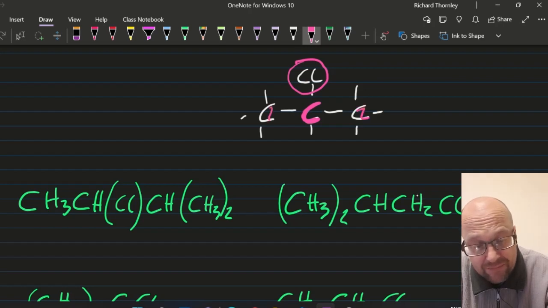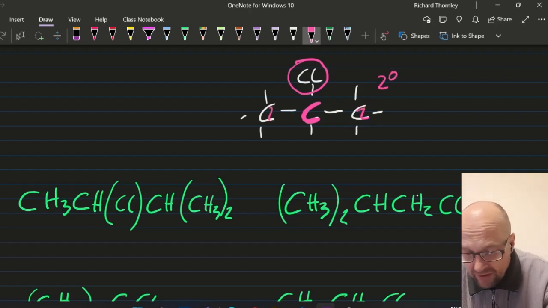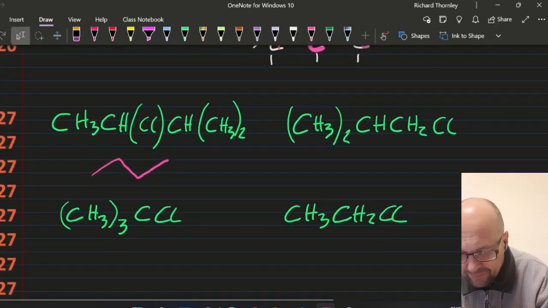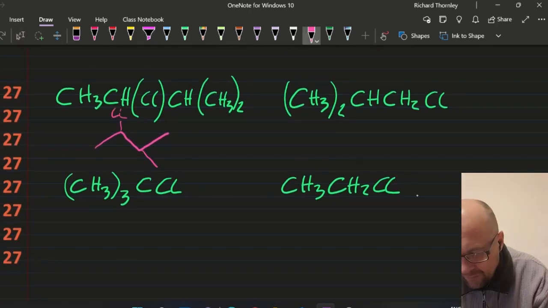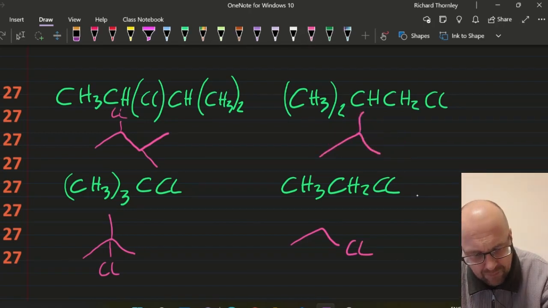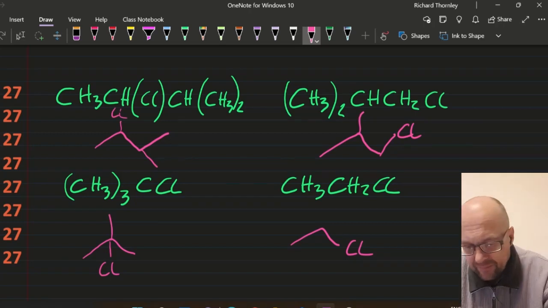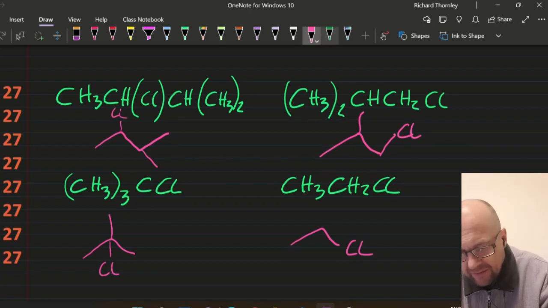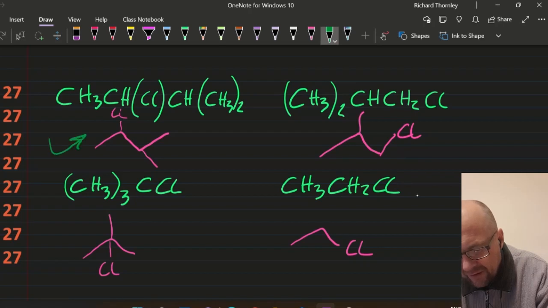That's secondary. So we have to look through these here. So it seems plain to me that it's this one, isn't it? The first one. Find the halogen, find the carbon it's attached to. How many directly attached to that? 2. So 27 is going to be A. Yep, 27A.